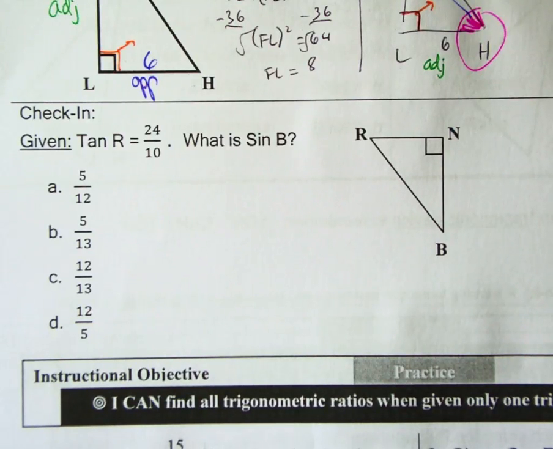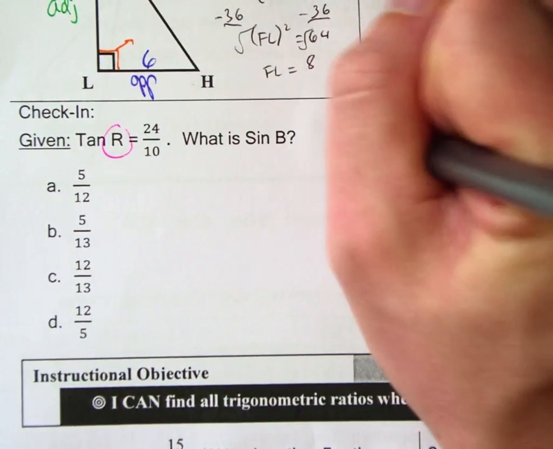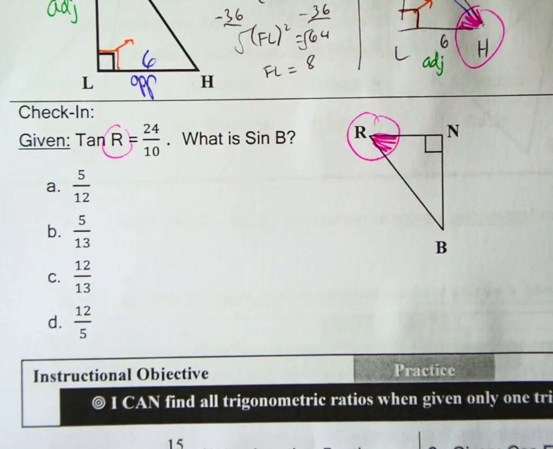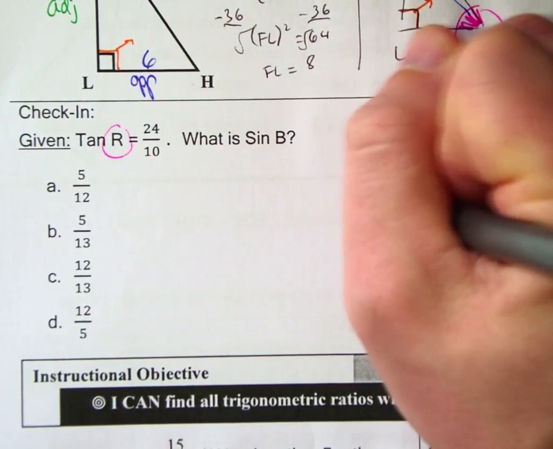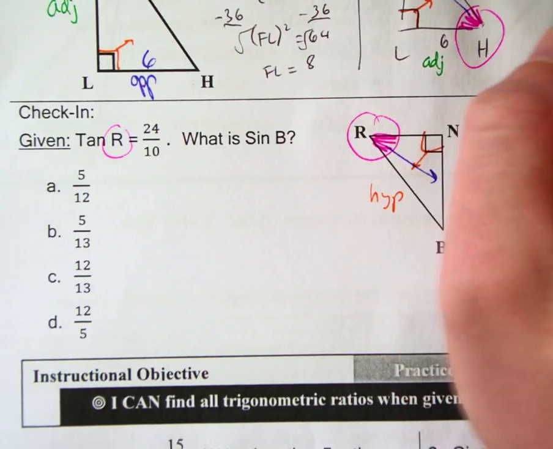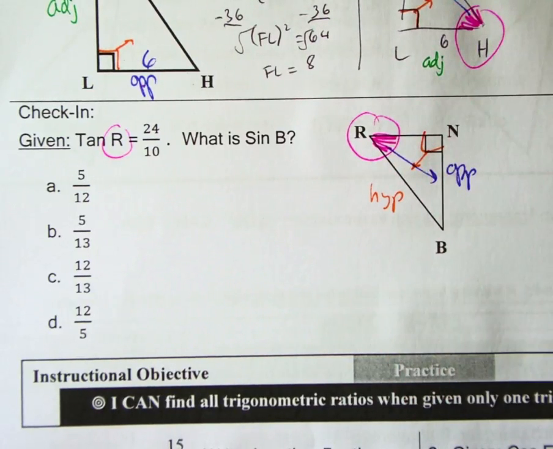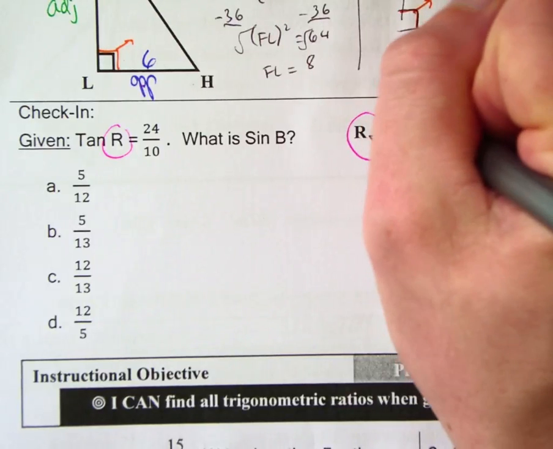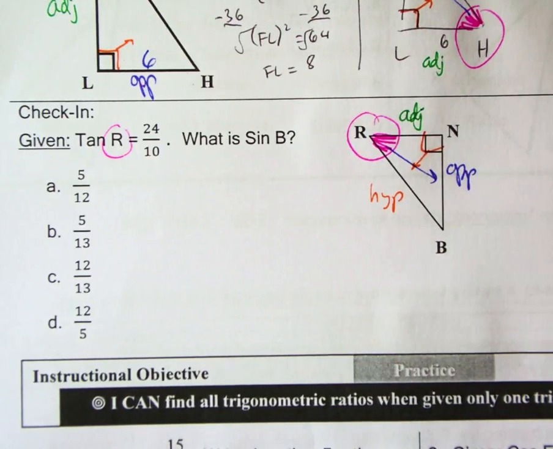Okay, here I go. So, R is my reference angle. Quickly mark up my triangle. Opposite from R. Adjacent to angle R. So let's go ahead.